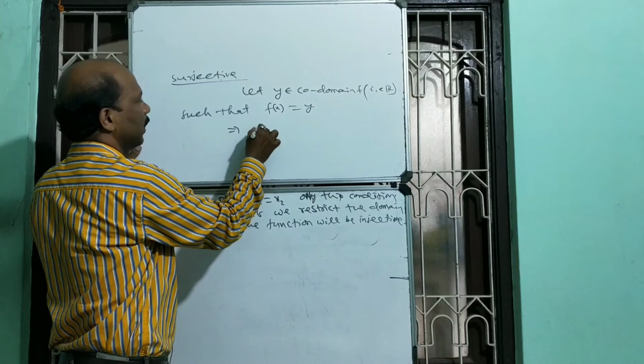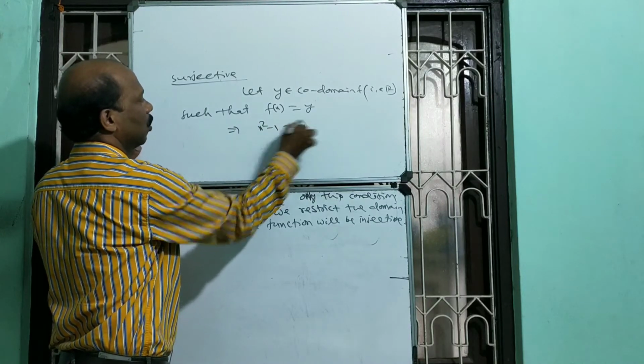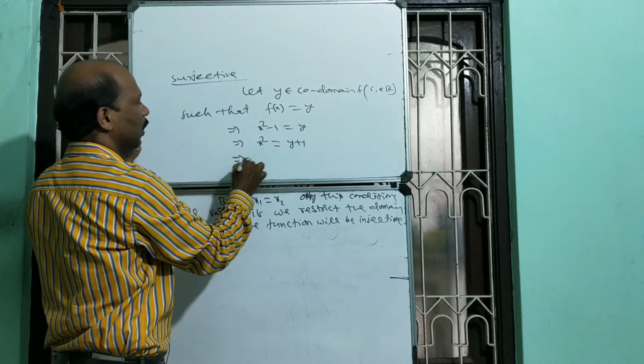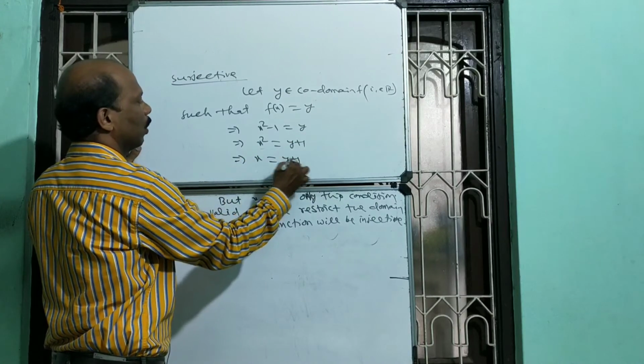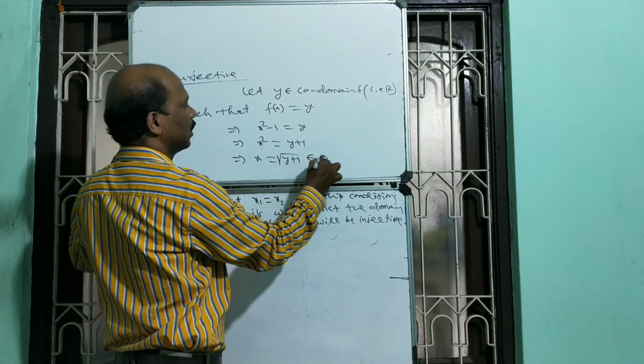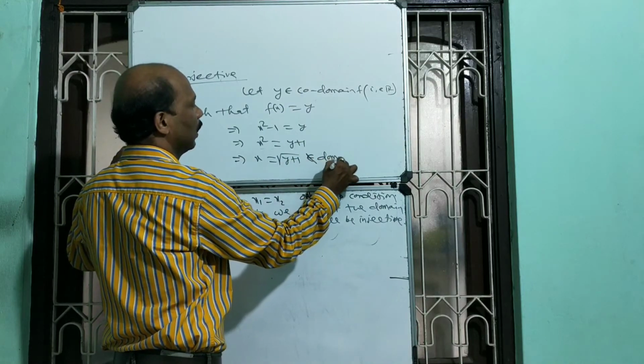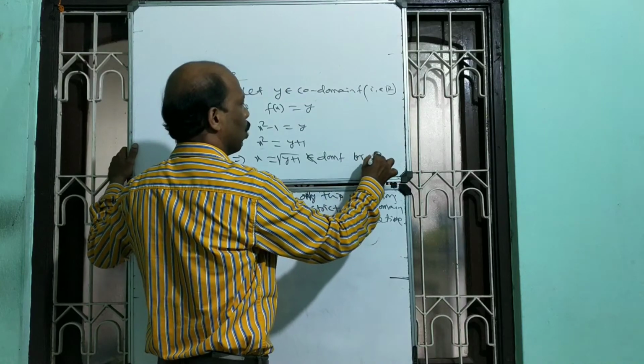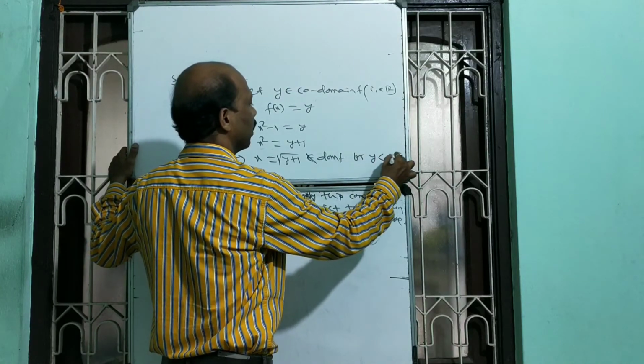That implies x square minus 1 is equal to y, x square is equal to y plus 1, x is equal to root over y plus 1, which does not belong to DOM f for y less than minus 1.